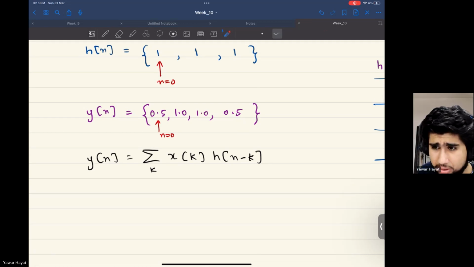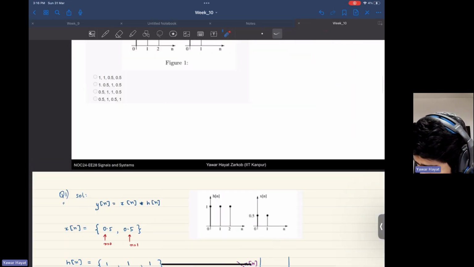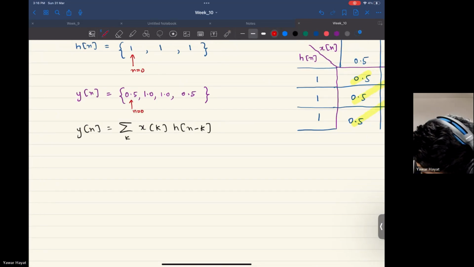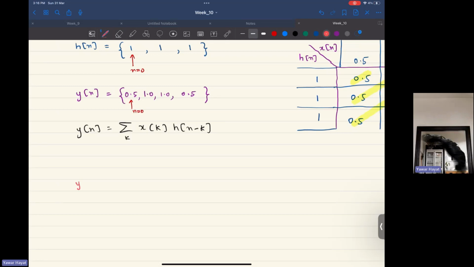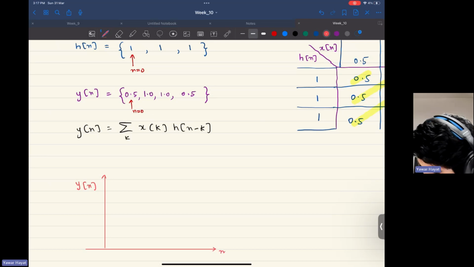This was the last part of the question. We can also show this graphically.